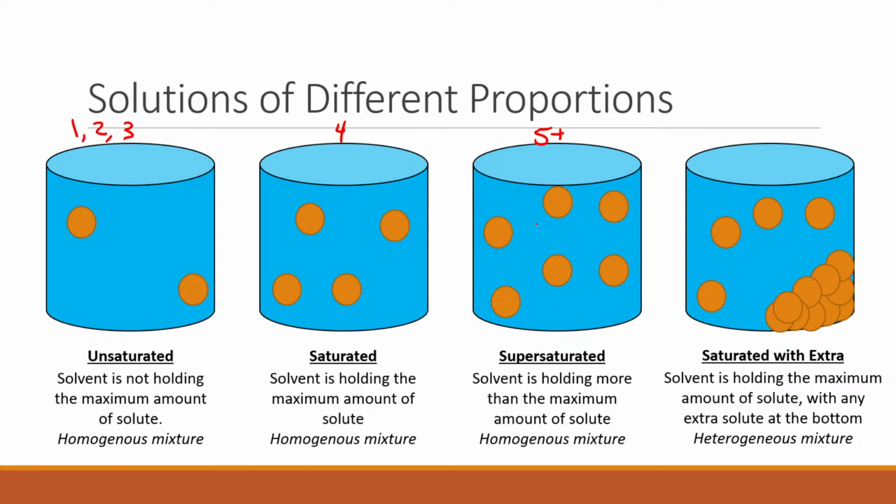These are normally very, very delicate solutions, right? Any stirring or moving it around will cause it to move over into our last category, saturated with extra. But there are plenty of solutions that are supersaturated. Right? Honey is a great example of a supersaturated solution. Honey is just sugar water. But there's so much sugar that it becomes its syrupy honey self.